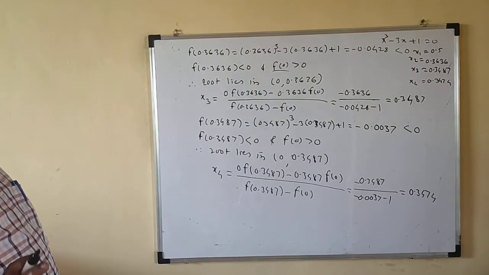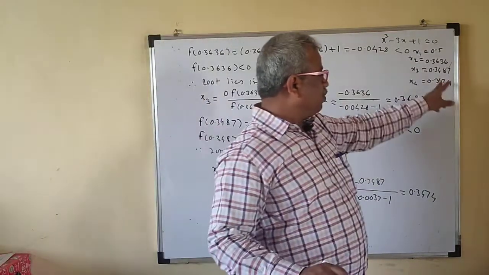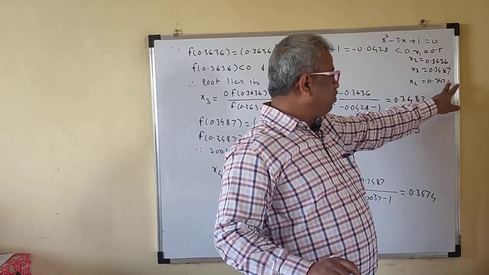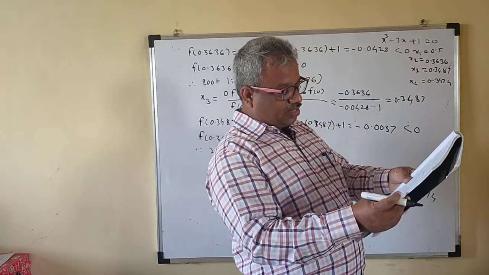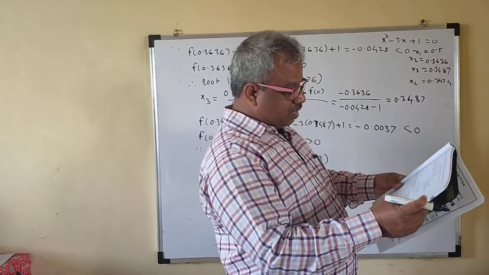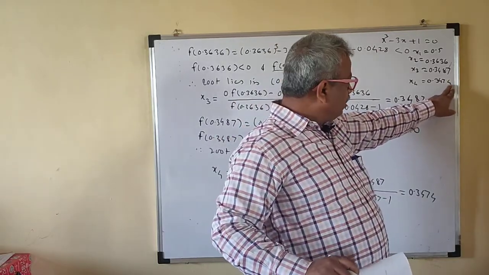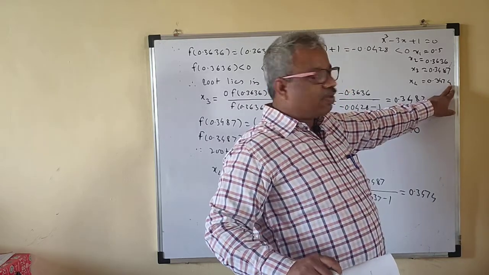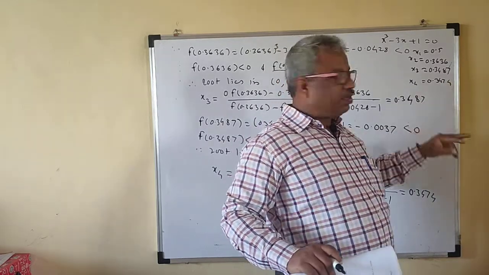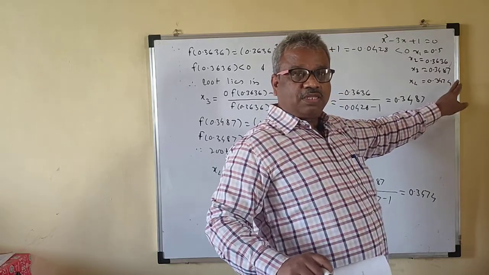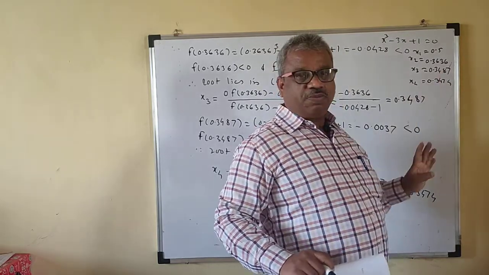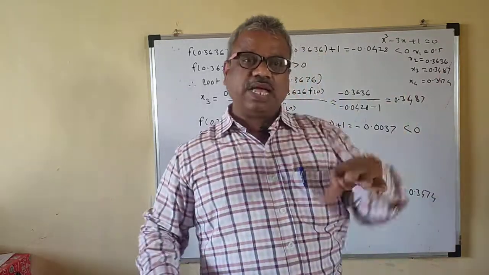They actually want up to 3 decimal places. If this digit is 5 or greater than 5, then it will round up, and then up to 3 decimal places they are equal.